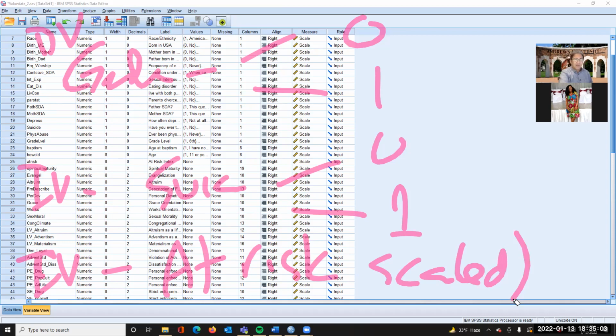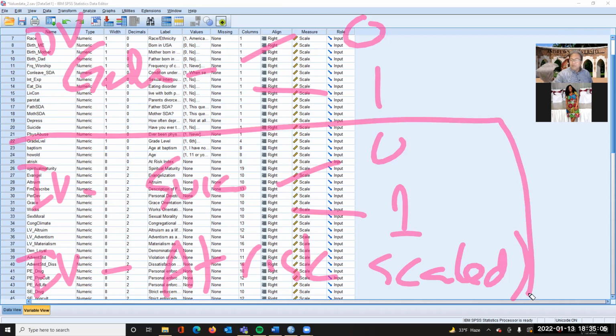So let's say that we want to do a regression analysis to determine gender differences in terms of suicide attempt and at-risk behavior, which is scaled.